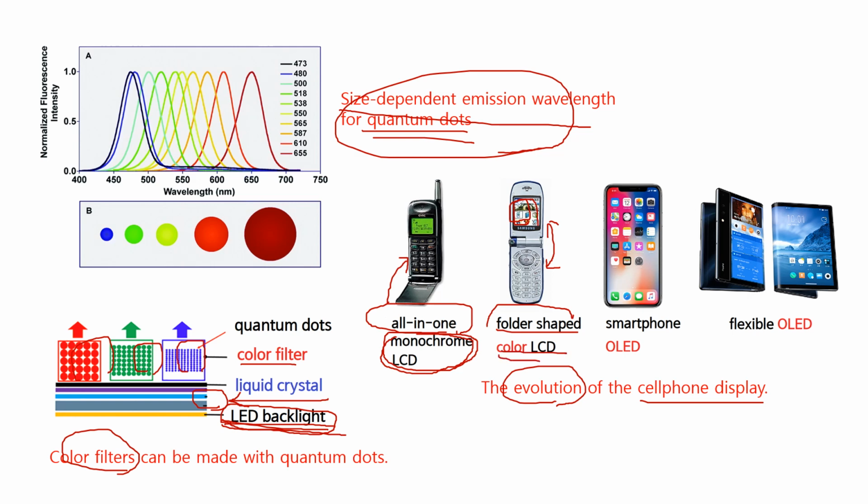So monochrome LCD, color LCD, and now we use the smartphone display. OLED is used for smartphone display, and we can also use flexible OLED, so you can fold the smartphone.